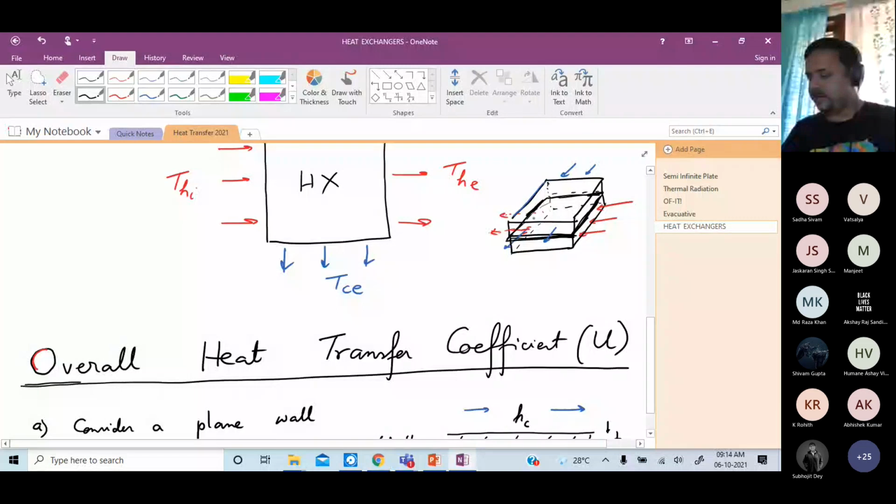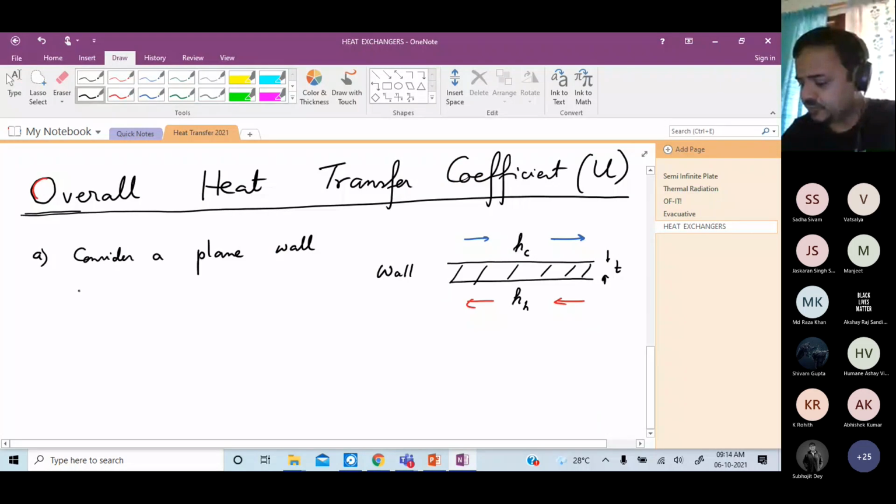The wall separating the hot and cold fluids. If you consider a plane wall, then overall heat transfer coefficient comes directly from the definition of series thermal resistance, right? So areas are the same.